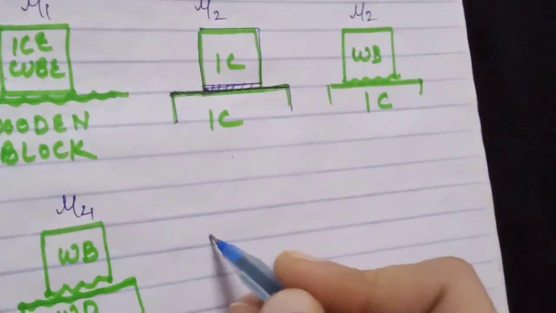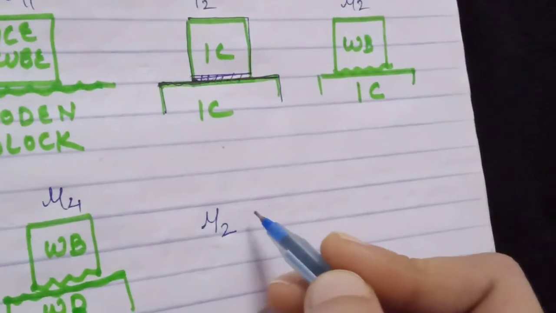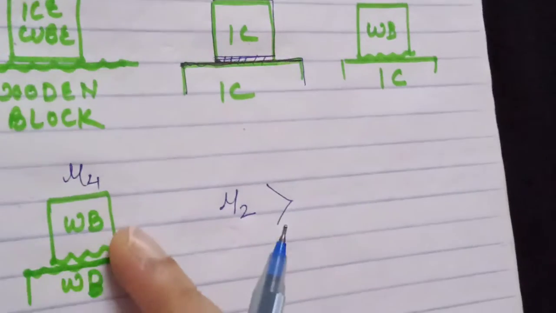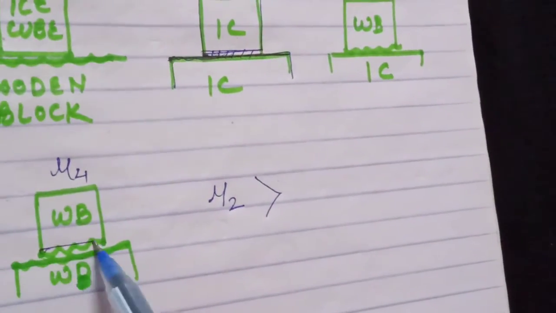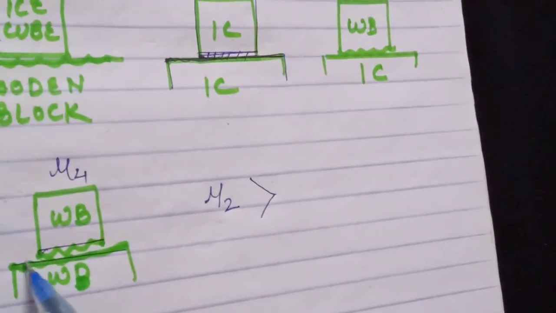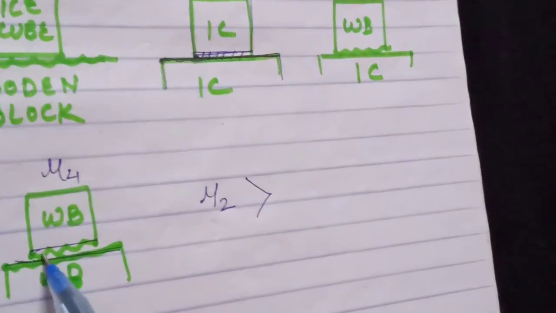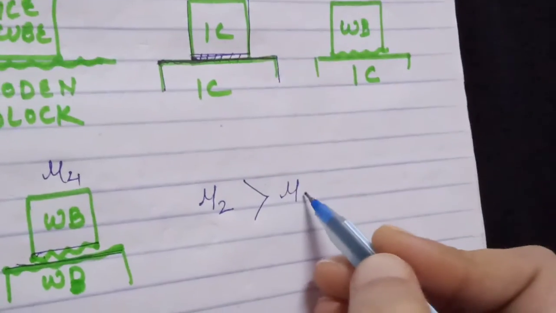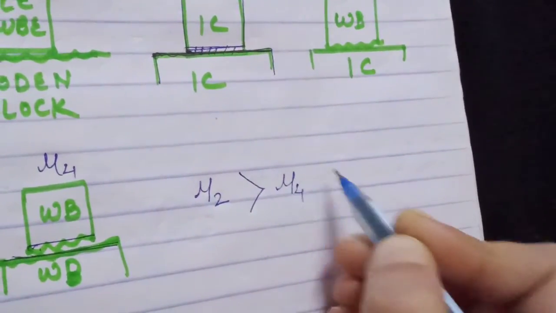So mu2 has the maximum coefficient of friction. Then these two wooden blocks are both rough, so they have high coefficient of friction.